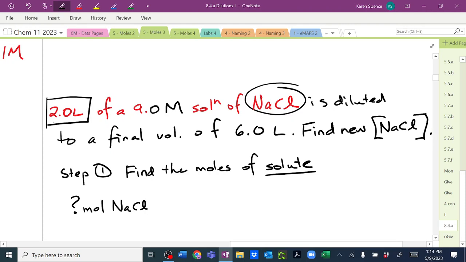Well, we have 2 liters, yes. And what should we be doing when we see 9.0 molar? We should be rewriting that as 9.0 moles per liter.